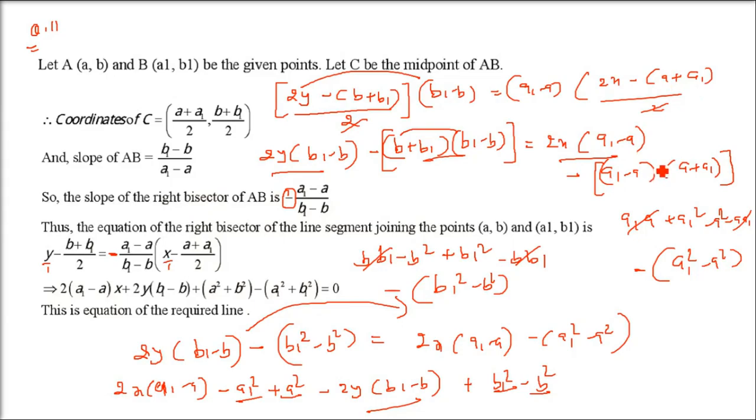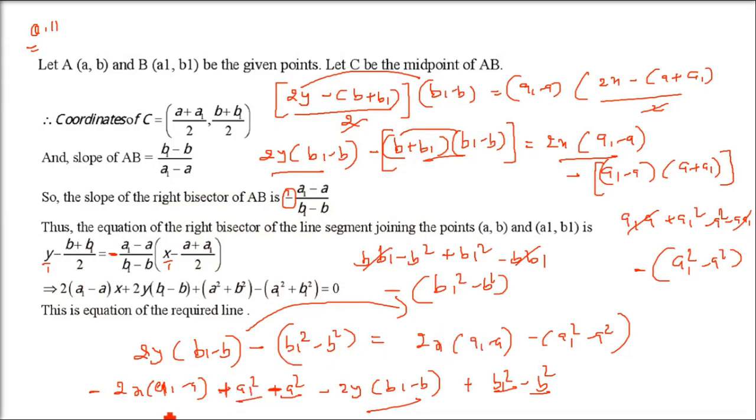See, in the slope, all these right hand side terms were negative. When I found the slope, it was negative. So just take it negative, and this one which was on the right hand side I'm making negative. So ultimately a1 square and b1 square will be negative, and a square plus b square will be positive.